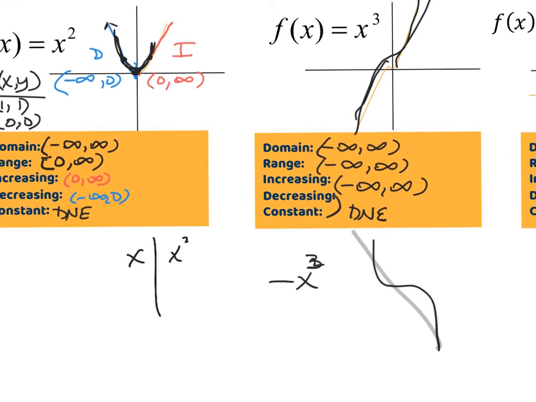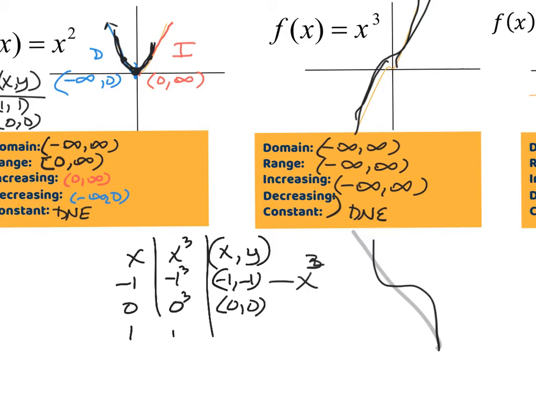So x cubed, x, y. If I plug in -1, 0, and 1, -1 cubed is -1. 0 cubed is 0, 0. 1 cubed is 1, 1. So over here, the points are here, here, and here. And again, you're going to memorize, you don't want to make a diagonal line.